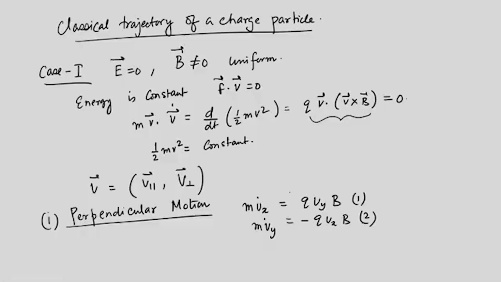instructive. If you take a double derivative of this, so differentiate with respect to time t, and then of course use 2. So, m vx double dot is equal to q vy dot into B, and then I can take this m to be in the denominator. Now I will use vy dot here.